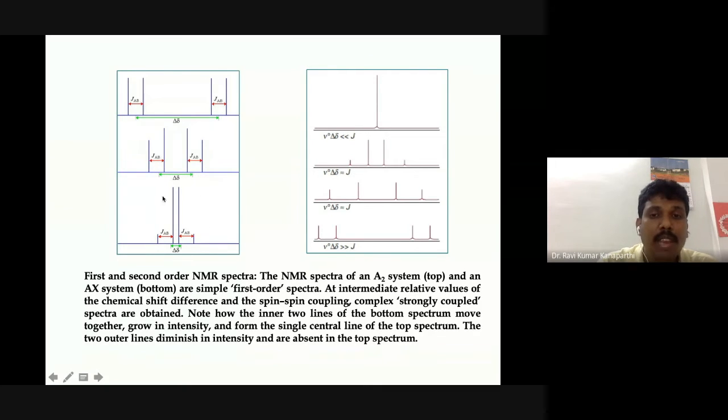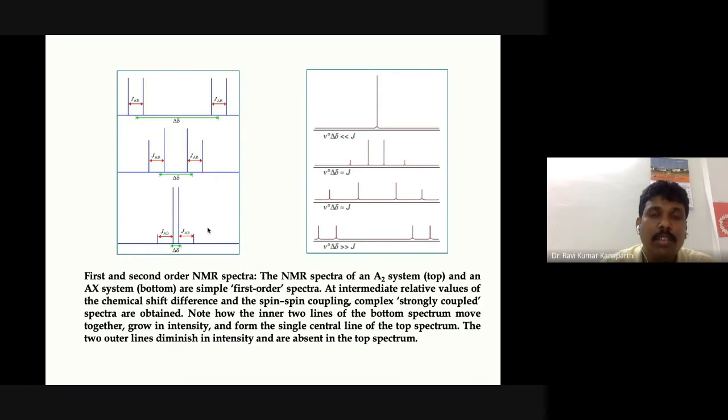Why is this happening? Well, there is a small mathematical derivation that we can use to calculate why this is happening, but I'm not going to do that right now. What I just wanted to convey is that if the separation is decreasing, that also means the coupling is very strong.